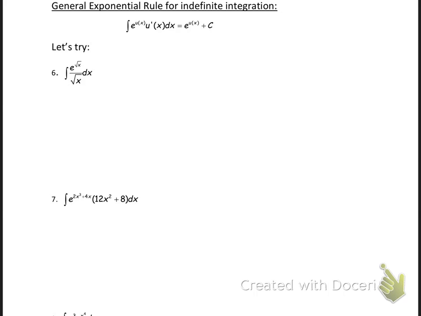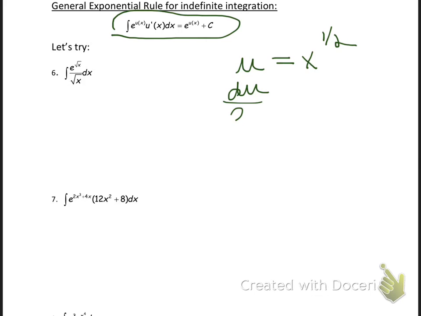So this time, here's our general format, and you can see that many of the times we make the u our exponent of our e term. Okay, so let's try that. So in this first problem, number 6, I can say that u equals x to the 1/2.